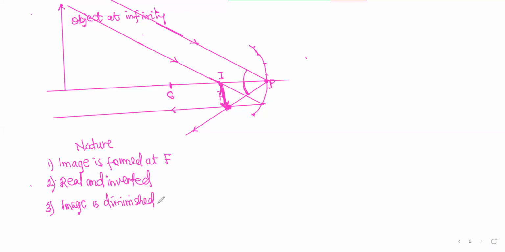So that's all. They are not so difficult, but you must understand how it works out. If the object is at infinity, then the rays coming to the mirror must come in that parallel manner.